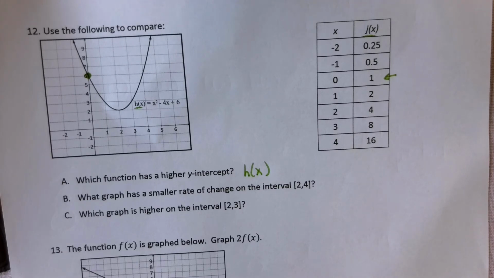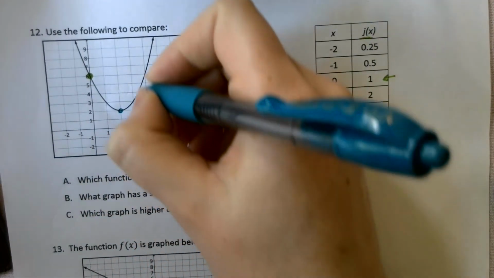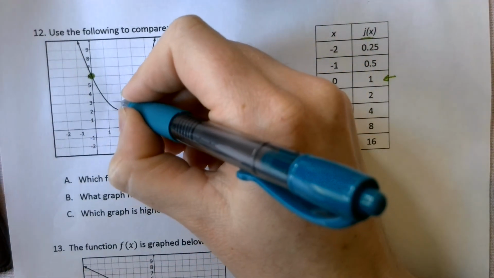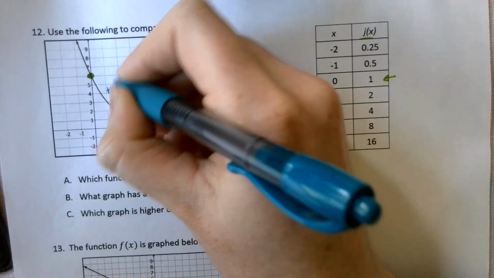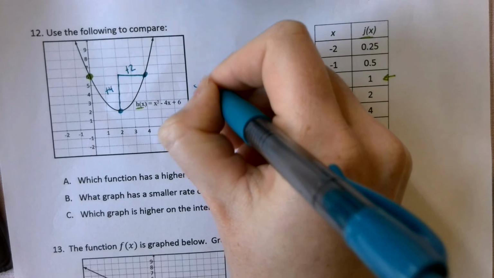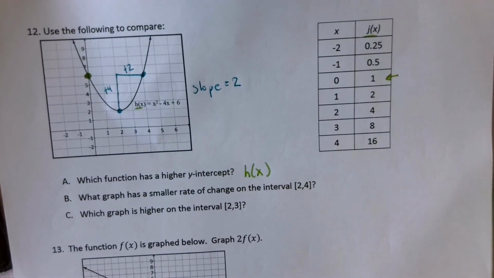Now, which graph has a smaller rate of change over our interval 2 to 4? I'm going to do the cheat way for my graph. So I'm going to go up 1, 2, 3, 4, plus 4, plus 2. So our graph has a slope of 2, because remember, 4 over 2.